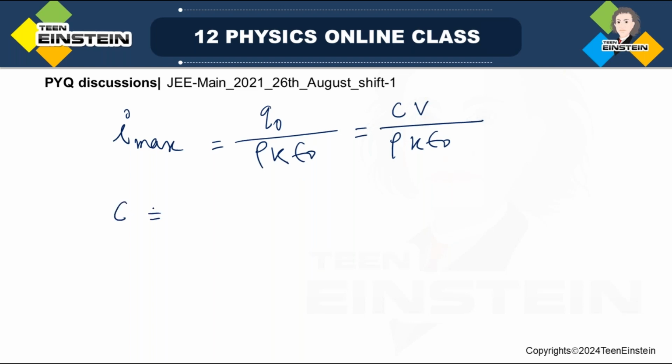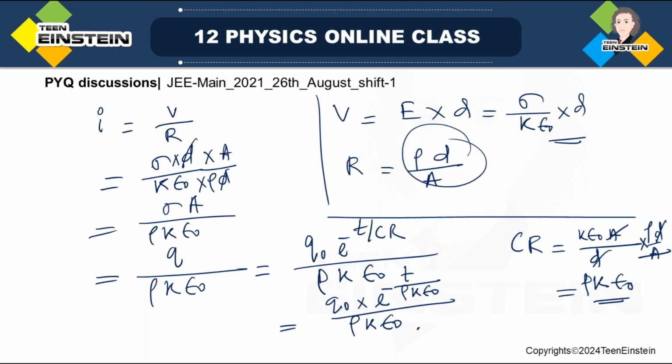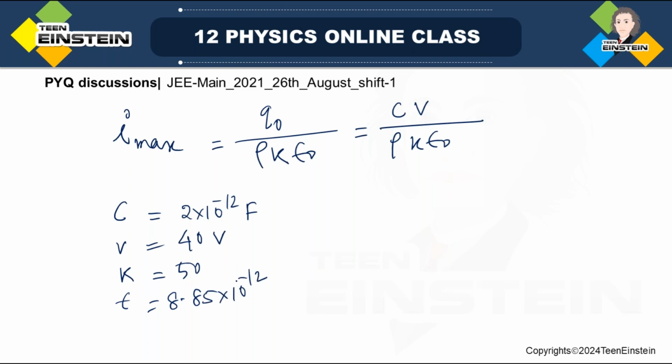C is actually given, I think, that is 2 picofarad, that I can write as 2 into 10 to the power minus 12 farad. Then V is given as 40 volt. Okay, then K is given as 50. All right, and epsilon naught I can use as 8.85 into 10 to the power minus 12 farad per meter.